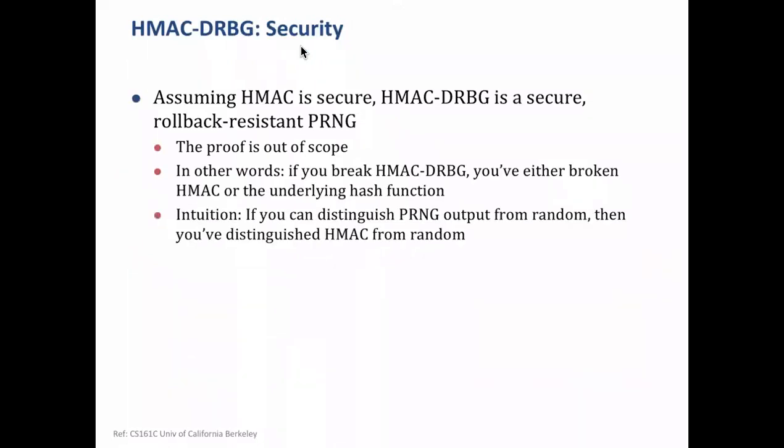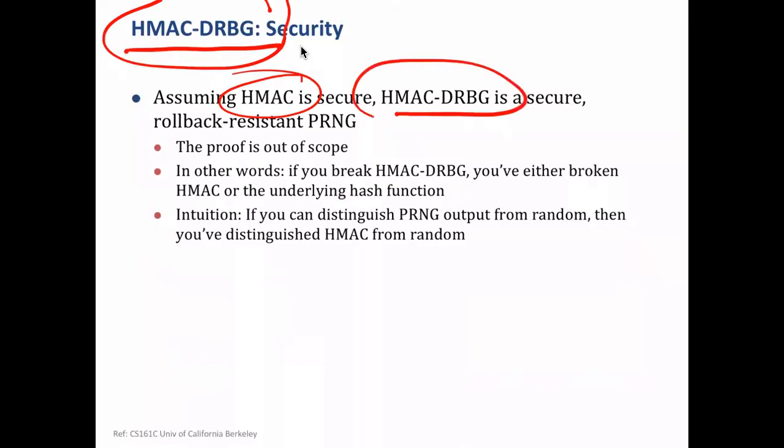Okay, and then we can prove that HMAC DRBG is as secure as HMAC. And we have seen that HMAC is secure, so we can say that HMAC DRBG is also secure. Now, of course, you can prove it, but we don't have time and energy to discuss the proof.